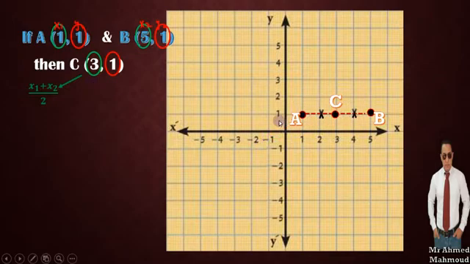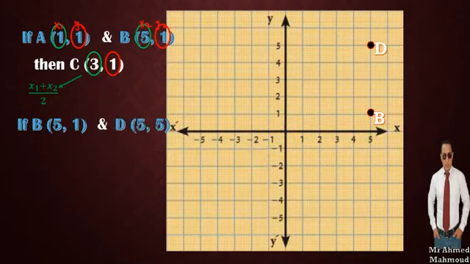Now let's study another type of line segment, which is the vertical one. For example, point B, as we said, (5, 1), and another point D is (5, 5), as you see. By connecting them like this, the midpoint lies here in this position.